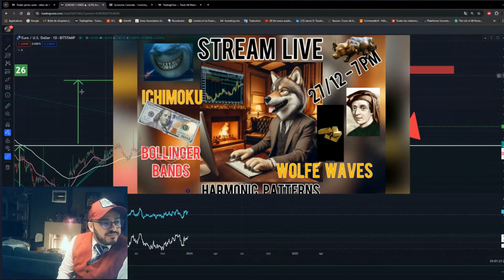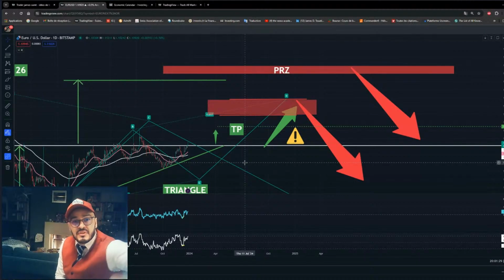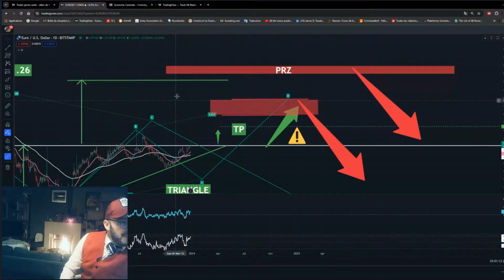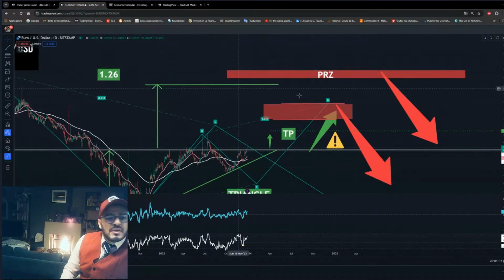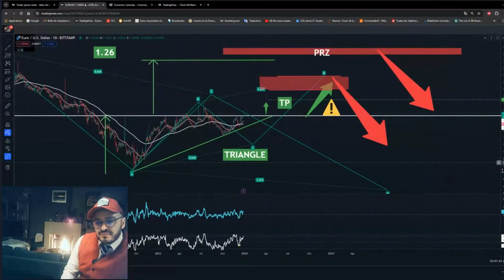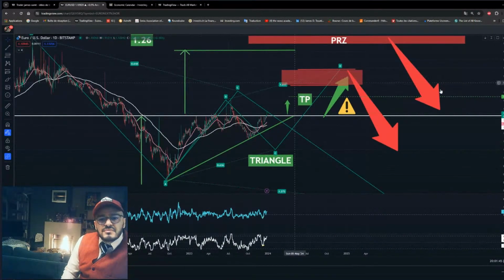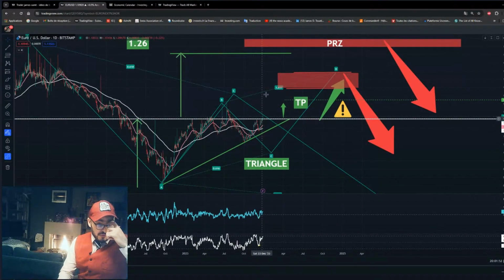So now let's go on the charts. About Euro USD, as you can see, I detected here an ascending rectangle. At the breakout here, basically we must enter long.